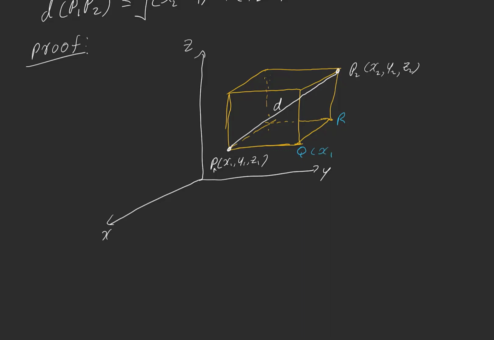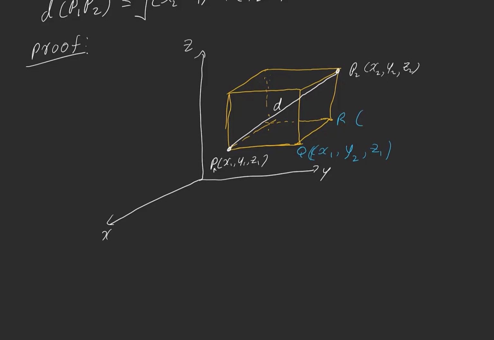Z values are also the same, only the y value changes. P2's y value is y2, so P2 and Q's y value must be the same, therefore this should be y2 and z1.